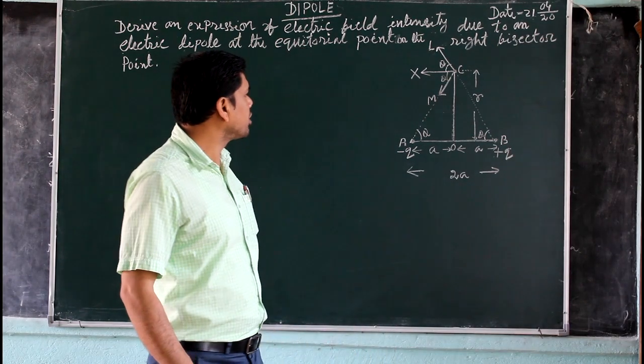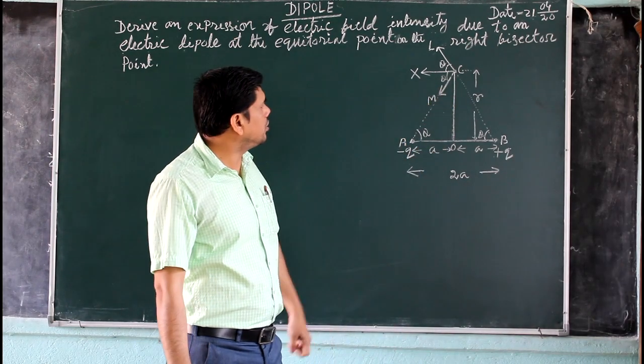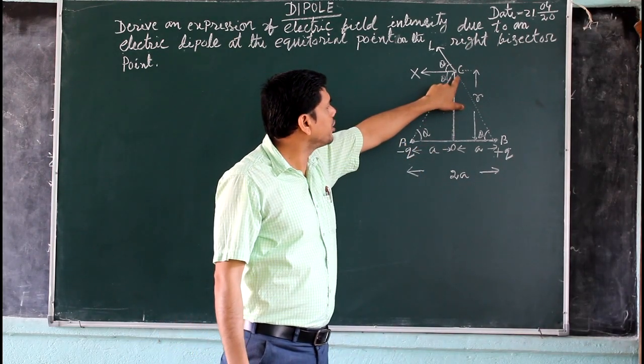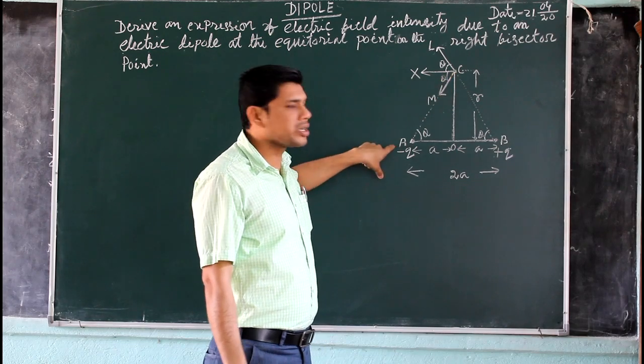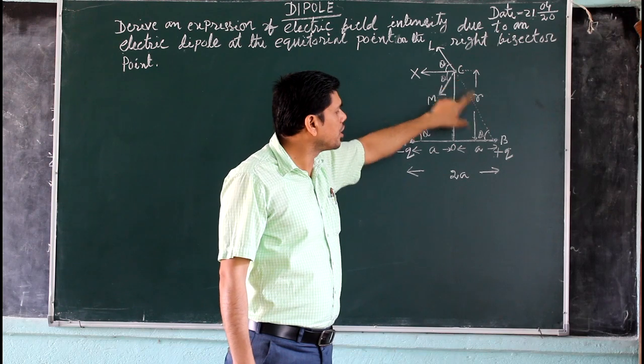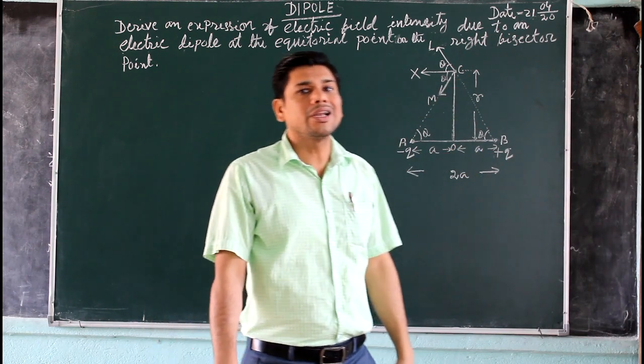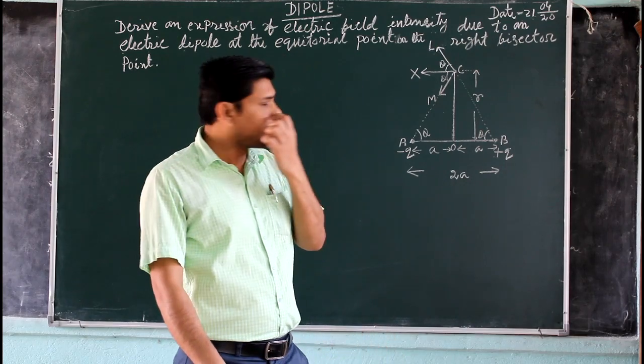So how to find it? First we find the electric field at point C due to the minus q charge, then the electric field at point C due to the plus q charge, then we find the resultant electric field by vector sum.